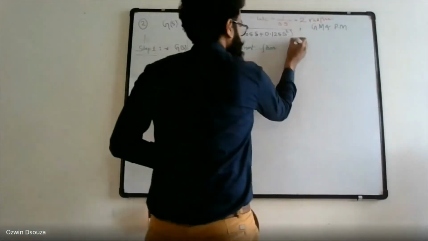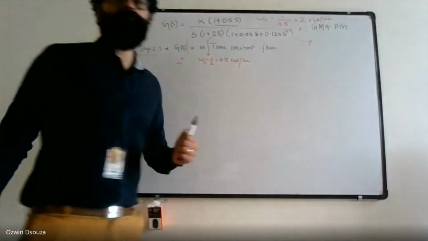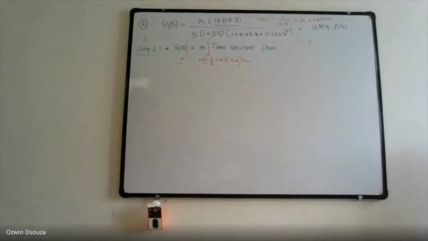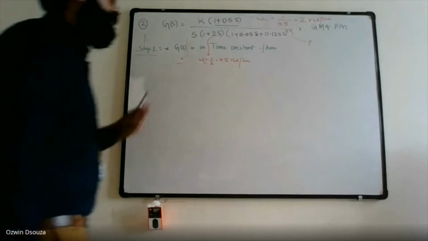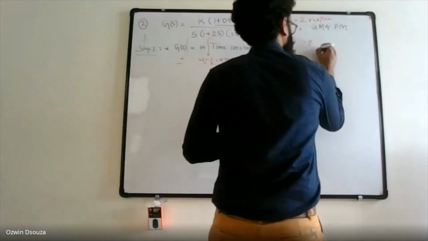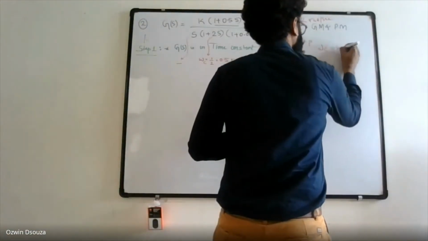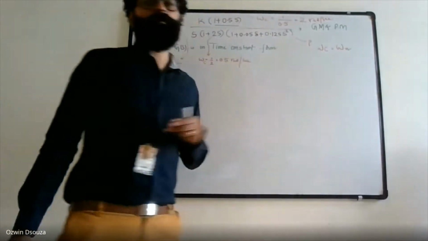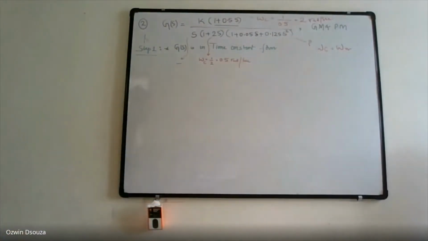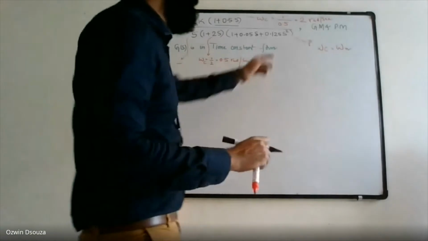What about the quadratic factor? How will you find its corner frequency? The other day I told you that the corner frequency of a quadratic factor is nothing but the natural frequency of oscillation. So first you have to extract the natural frequency.